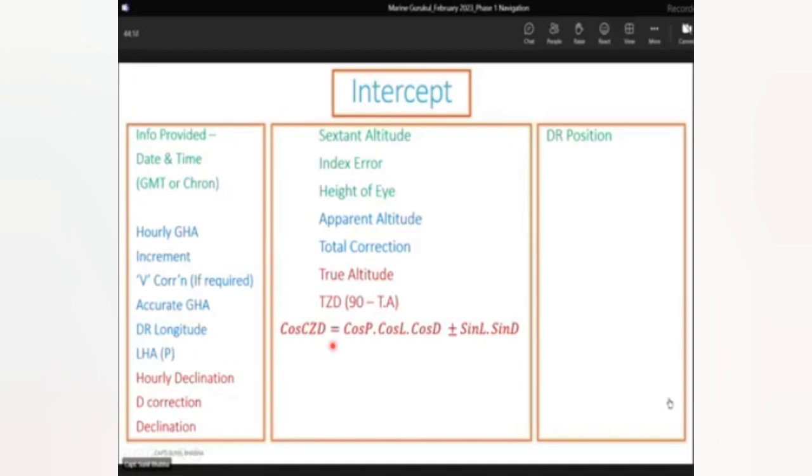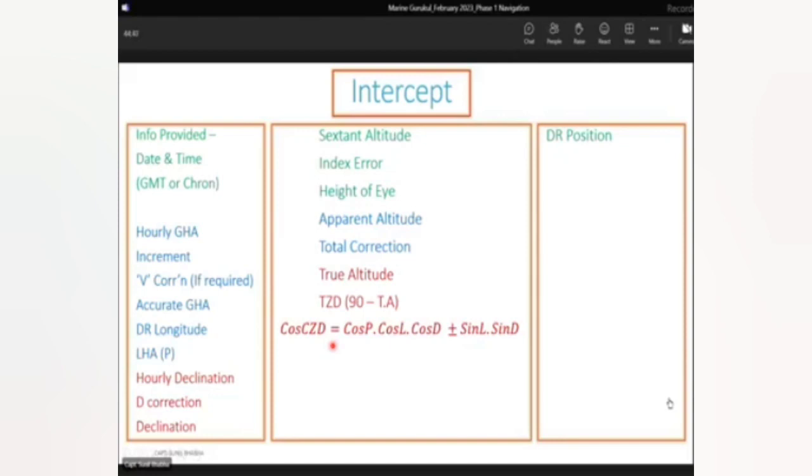Now there is a way with which the zenith distance of the body can be found out without an observation. That is by using the formula. This intercept formula which you see is basically the formula to calculate the zenith distance of any particular body.